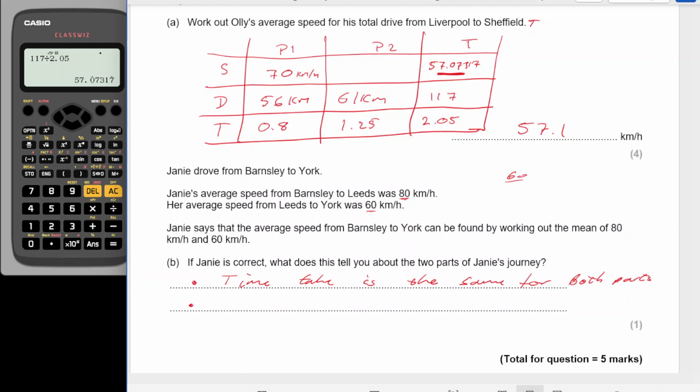60 over 80 is the same as 3 over 4. So that would mean that it would also be true that Leeds to York would be 3/4 of the second distance. So Leeds to York is 3/4 of Barnsley to York.